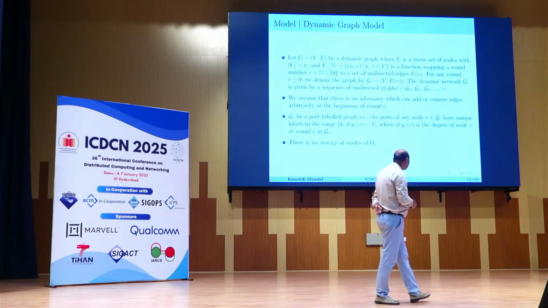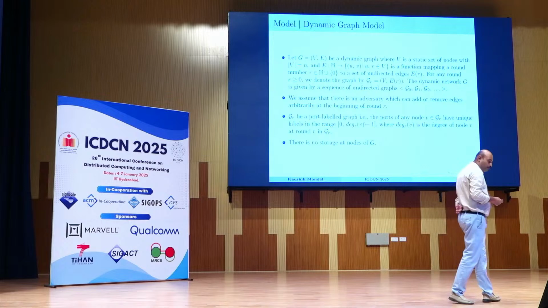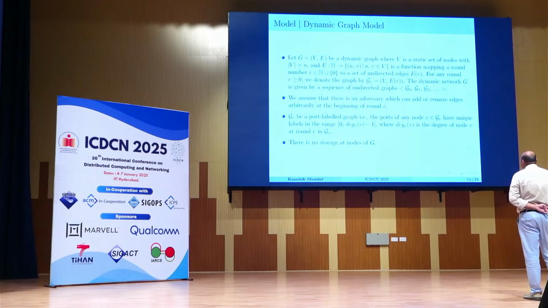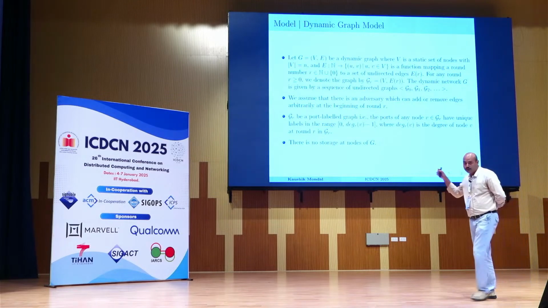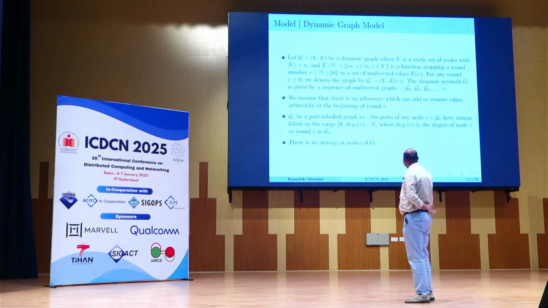So now I am going to the dynamic graph model on which we are going to look at these problems. Again, here we are not fixing the connectivity model because that will vary. So more or less, as we have said, it is a sequence of graphs. It is varying over time, the edge set is varying.